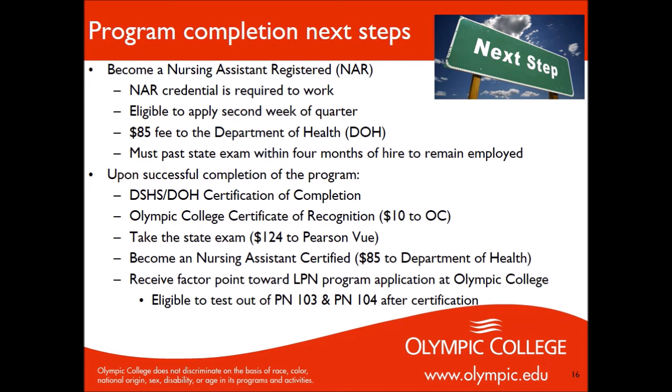It's kind of like applying for graduation, but a number of the payers that fund your tuition and fees will also cover this certificate. You'll be eligible to take the state examination. It's $124 that's payable to an outside vendor, Pearson VUE. You'll be eligible to apply to become a nursing assistant certified once you've passed your state exam. That'll be another $85 to the Department of Health. They really like our money.